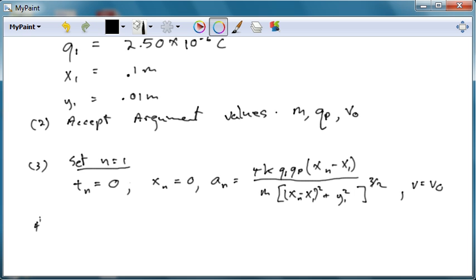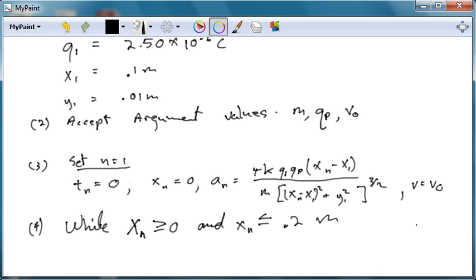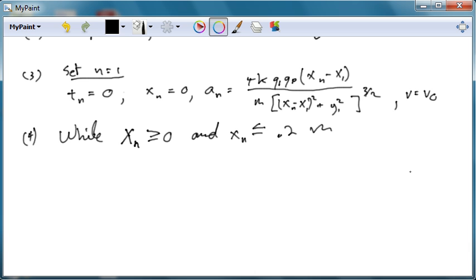And then for, this is where a while loop comes in. While xn is greater than or equal to 0 and xn is less than or equal to 0.2 meters, we want to calculate Tn.